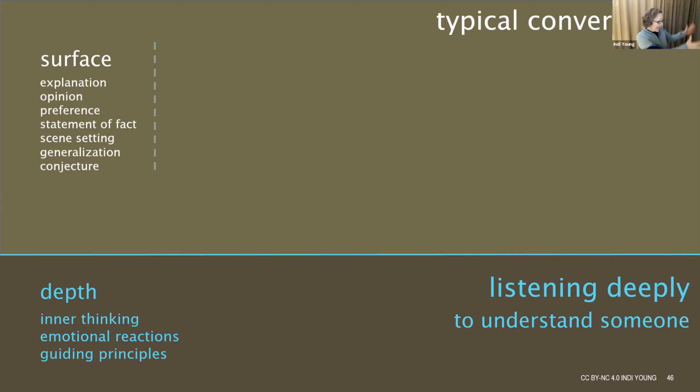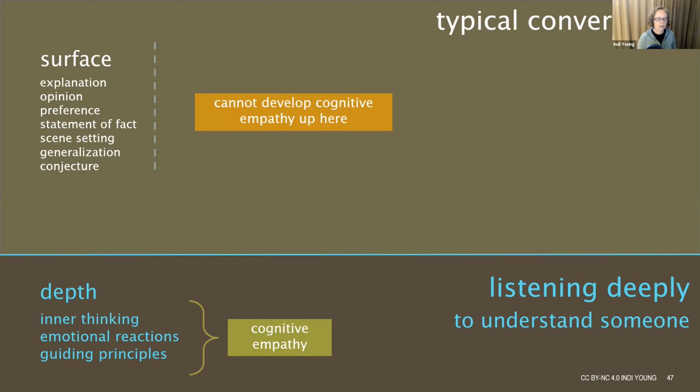And remember, in the beginning, we used to make algorithms about processes. Now, what I want us to do is make algorithms to support people's approaches. So we need depth. Depth is specifically cognitive empathy. It is inner thinking, emotional reactions, and guiding principles.